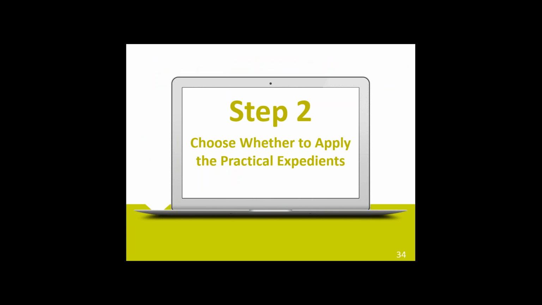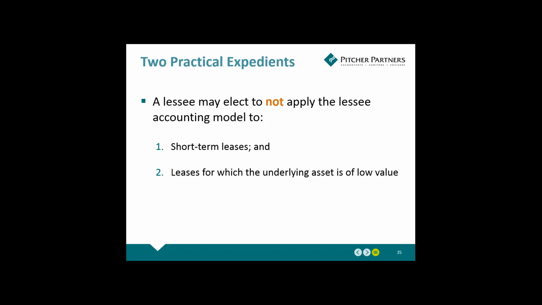AASB 15 is the first time I've heard about practical expedients. So in IFRS 16 we see it again, and it looks like they'll be with us in other standards as well. So you can now choose whether you want to apply the practical expedients or not. You can ignore these practical expedients. It's an accounting policy choice.